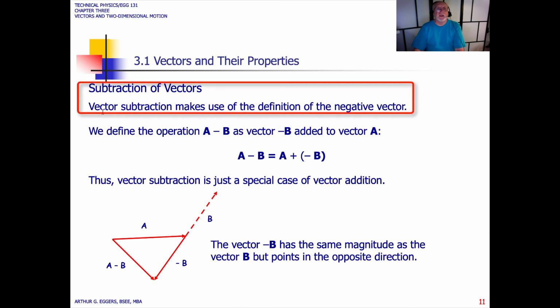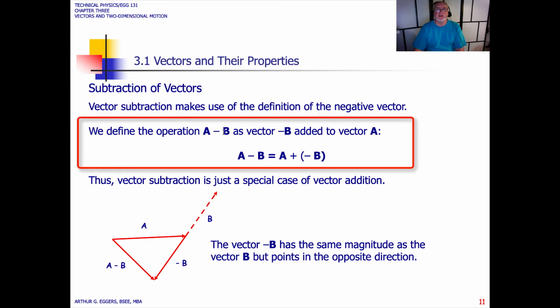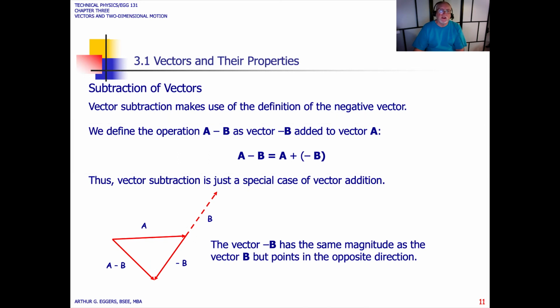Looking at subtraction of vectors, vector subtraction then makes use of the definition of that negative vector. We define the operation A minus B as vector minus B added to vector A. So A minus B equals A plus negative B. Again, you can see here we have vector A, we would have vector B up here, the dashed line, or we would have the negative B, the solid line, and then the A minus B over here would end up being the summation of those 2, or the difference between them.